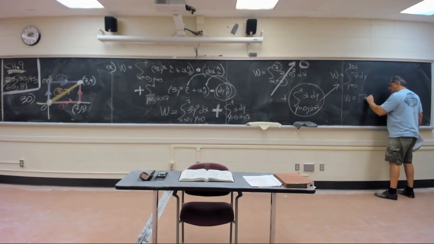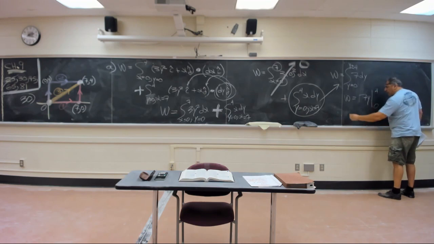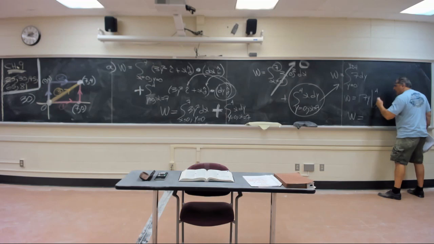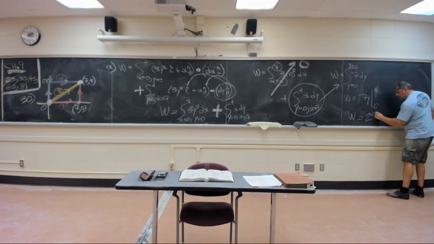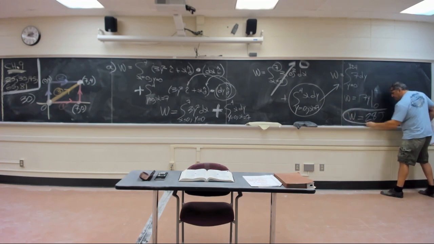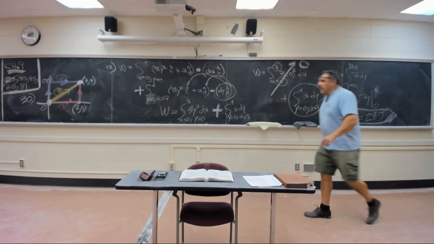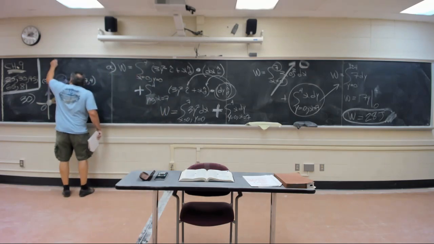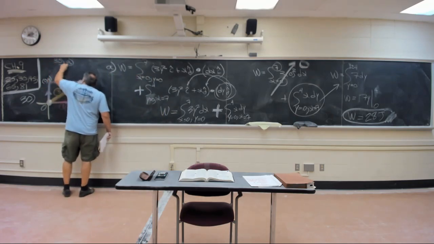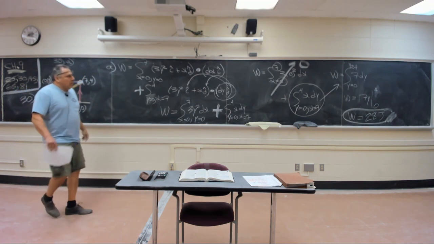Integrate. Here's 4. Here's 0. Four times 7 is 28. There it is. It's a long song and dance, but we got there. 30A, that's going along path 1, was 28 joules.